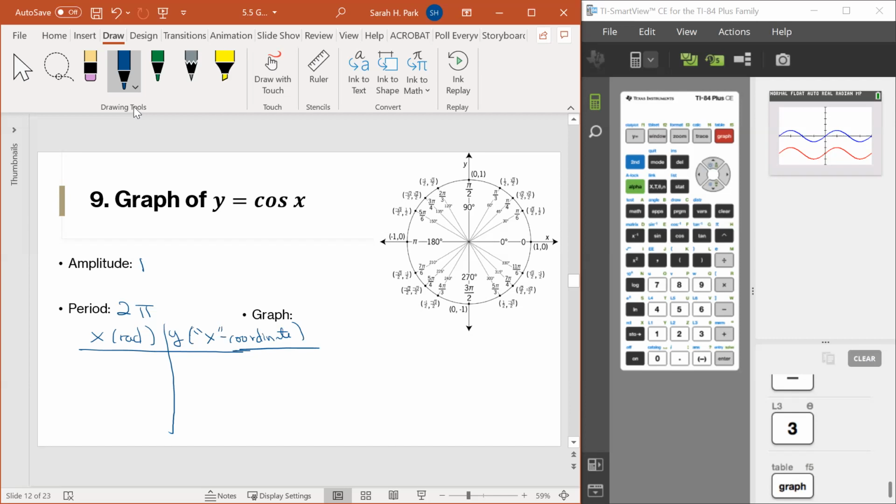So if you're at 0 radians, the x value is 1. At pi over 2, the x value is 0. At pi, the x value is -1. At 3 pi over 2, it's 0 again. And at 2 pi, going back around the full circle, it's 1 again.